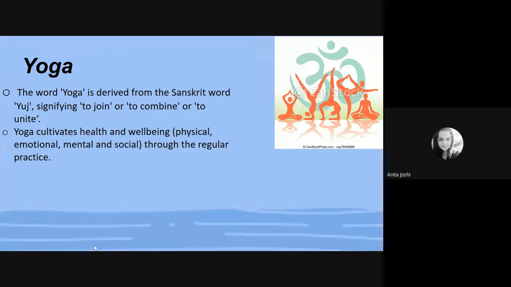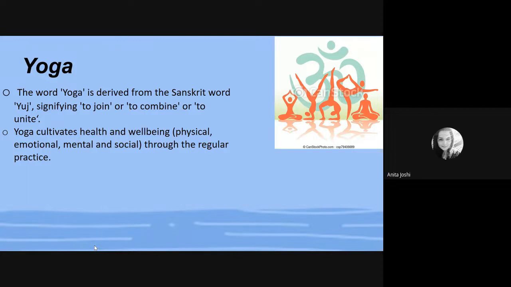It helps us to strengthen our physical health. Yoga enhances our focus and concentration, and it also helps to build up our confidence level. When we talk about students, students need focus in their classroom. When they are attending classes, they have to have focus on certain topics.